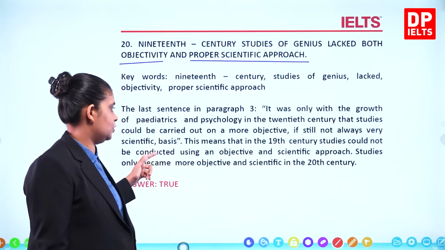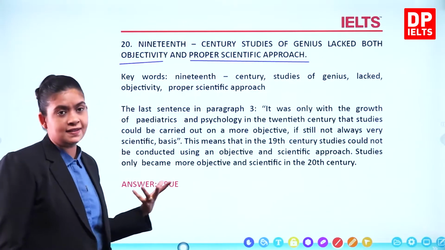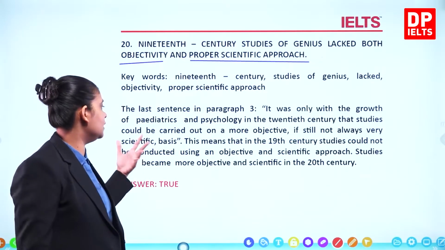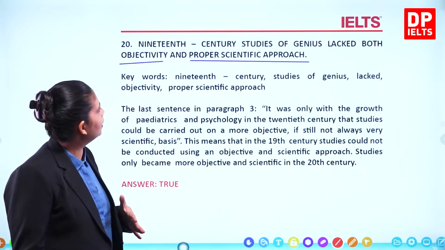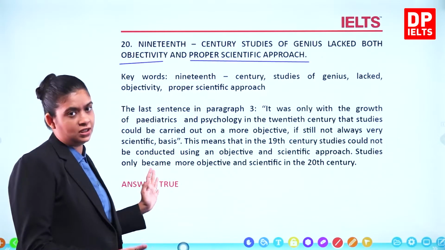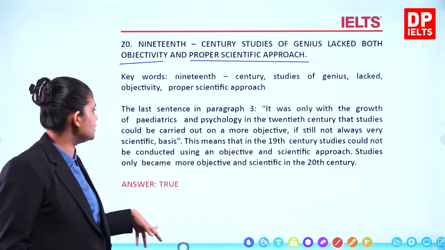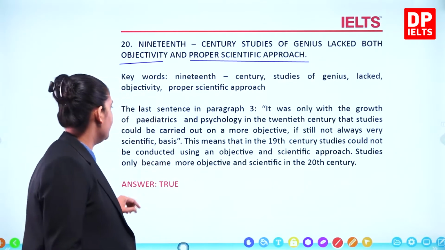So very clearly given to you. This means that in the 19th century the studies could not be conducted using a scientific approach and an objective approach, right? So the answer is true, okay?